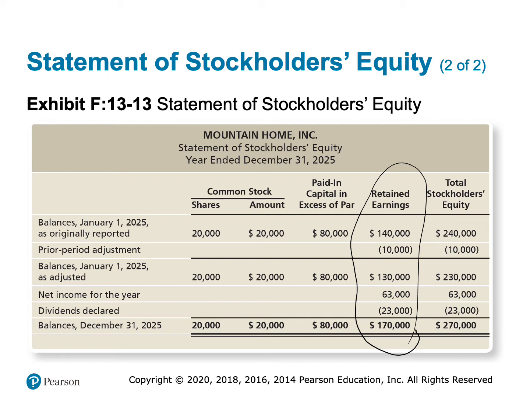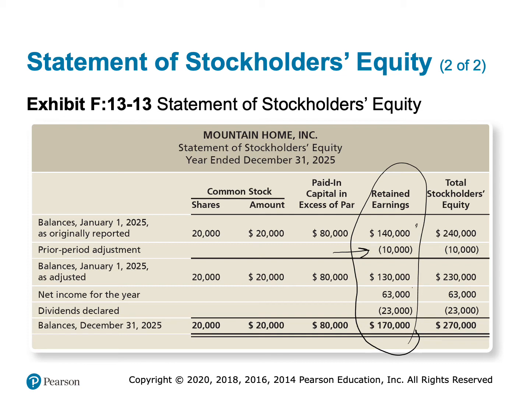Now we can see we had beginning retained earnings right here. We had net income. We subtract dividends. That gives us our ending retained earnings. This prior period adjustment, we talked about this a little bit back in chapter 6 when we talked about the consistency principle. Remember, the consistency principle says we have to use the same method of accounting every year. If we do switch, we have to go back and restate those prior years.